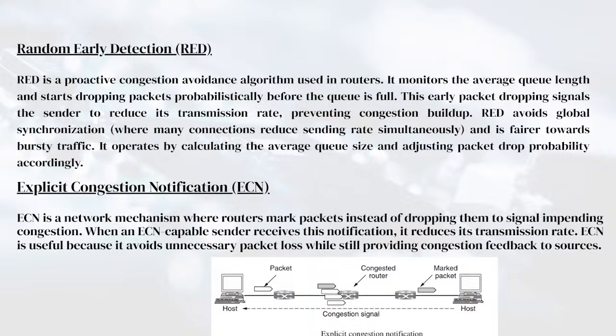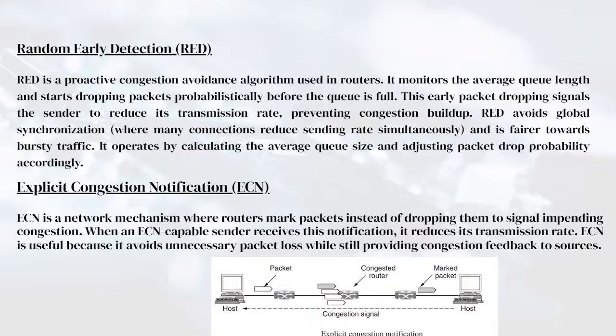It works by calculating an average queue length and dropping packets with increasing probability as the average length grows, sending an early signal to protocols like TCP to slow down their transmission rate. This is more efficient than the traditional tail drop method, which waits until the queue is full to start dropping the packets. Okay, so here the benefits: it avoids congestion, it avoids global synchronization, and also it gives proper fairness.